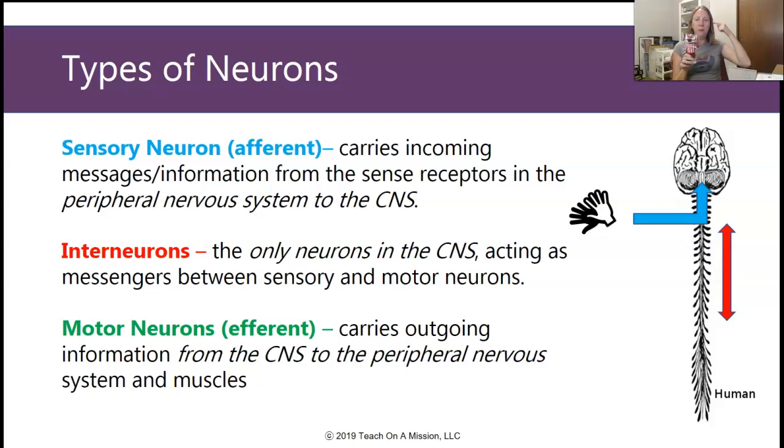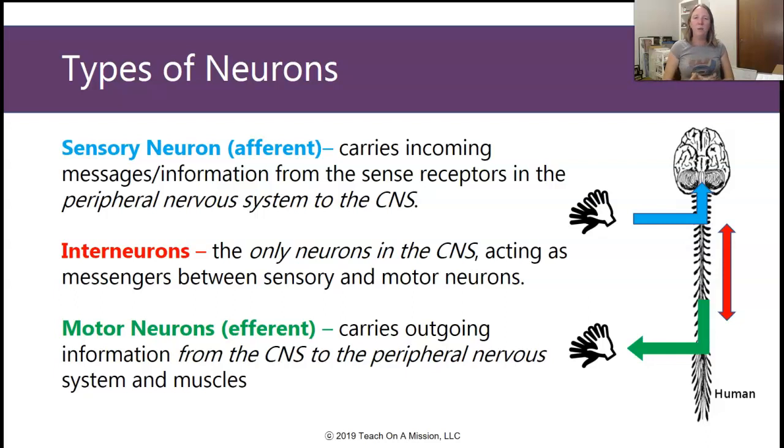So then my brain can use an interneuron to send a message to my motor neuron of my finger to go boop, boop, boop. And so now my motor neuron is choosing to move my finger so I can wiggle my Bucky Badger. Okay. So those come from your spinal cord and go out to your muscles and tell your muscles what to do with your body.